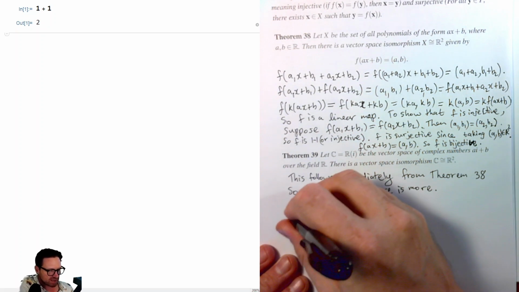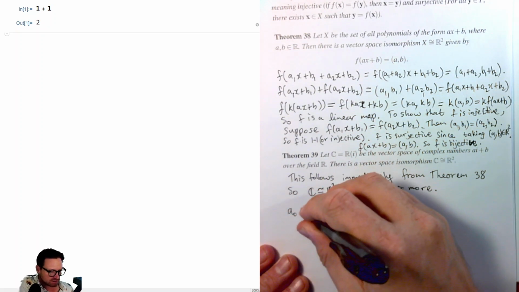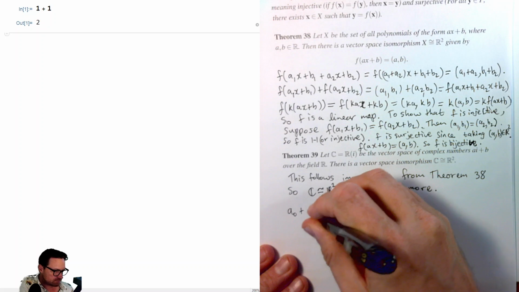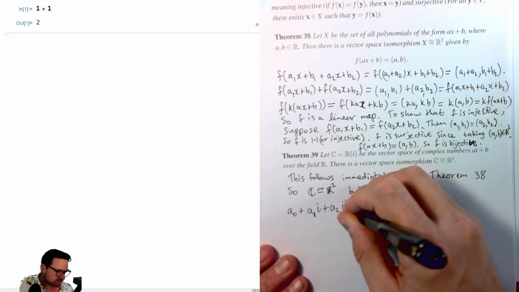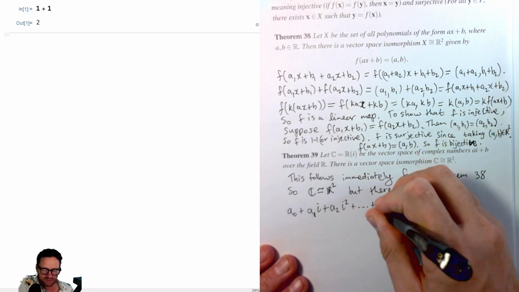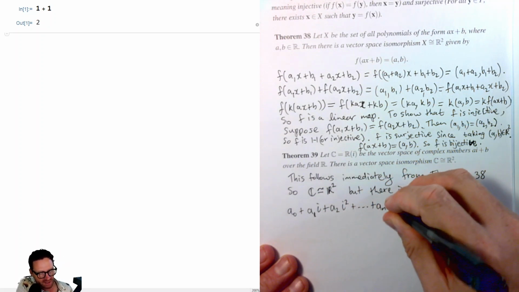Okay, so suppose we have a0 plus a1 i plus a2 i squared, and so on, up to an i to the power of n.